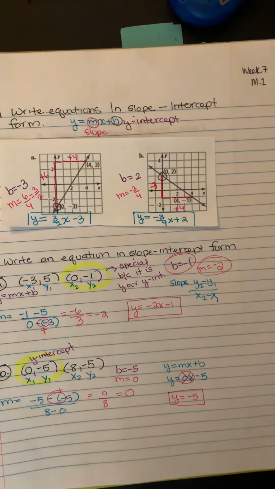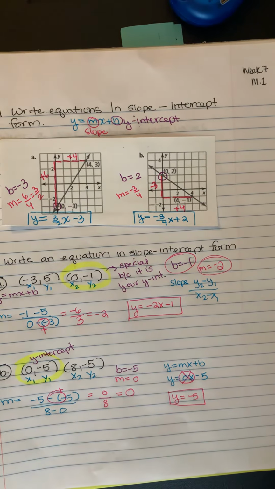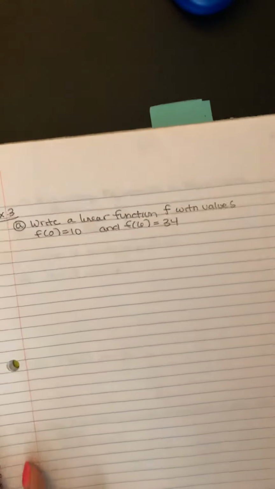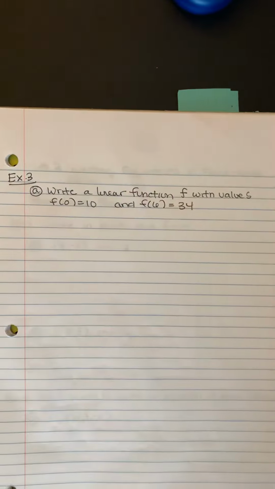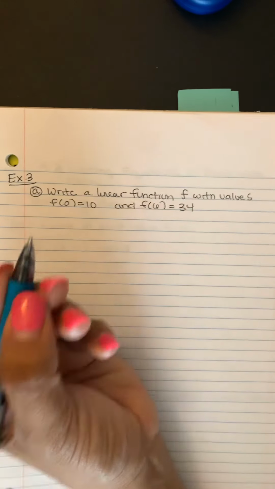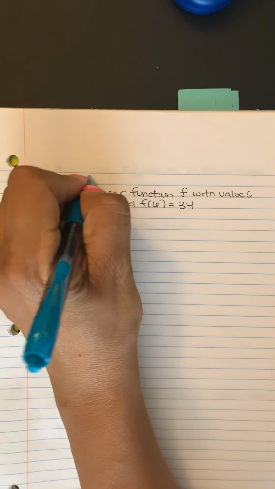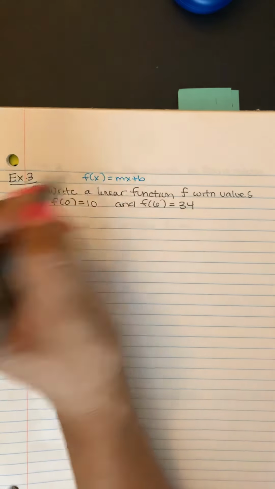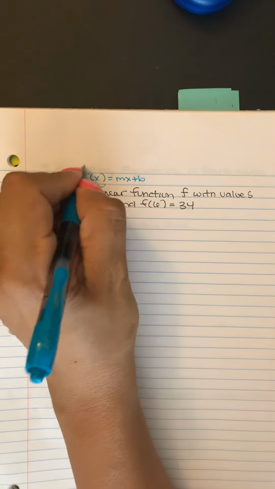Okay? All right, let's go ahead and move right along. This is our last example. A linear function f, that just means that it's a way to label. Nothing changes. f of x is the same thing as y equals mx plus b.